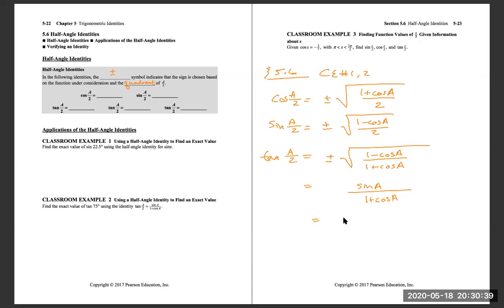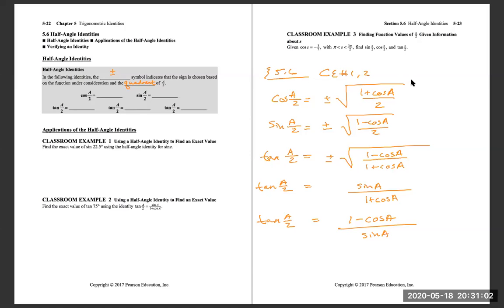Okay, and then the last formula, 1 minus cosine a over sine a. Okay, so just a quick explanation of that. You only want the plus minus signs when you have a square root next door.